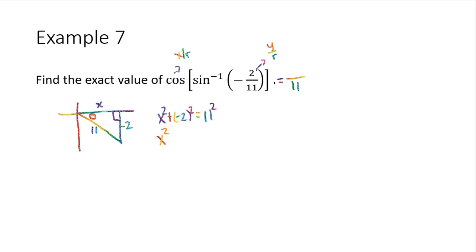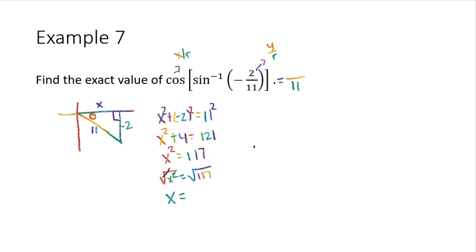We got x squared plus 4 equal to 121. And then x squared is going to be equal to 117, after we subtract 4 from both sides. And we're going to square root both sides. And I know that the square and the square root are going to cancel.